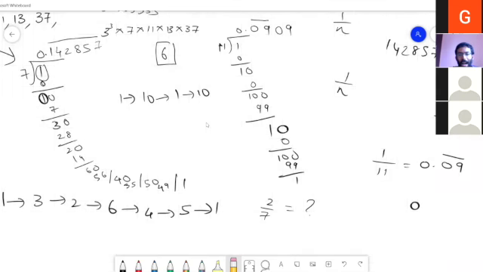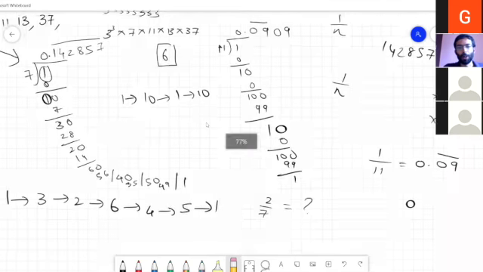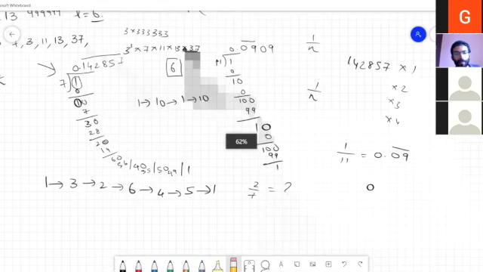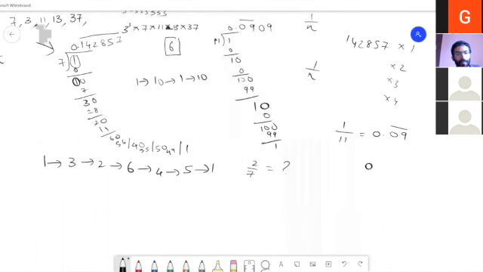But there is another way of looking at this 2 by 7. If you are using the long division method to find 2 by 7, you would have it like this. The first remainder is actually 2, right? So if the first remainder is 2, what will the next remainder be?